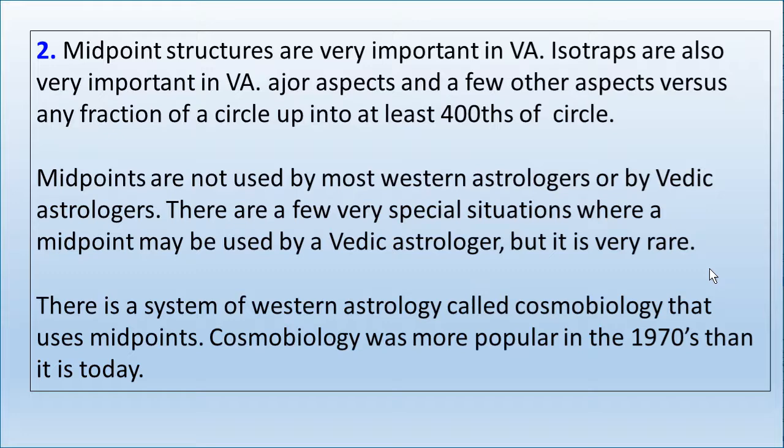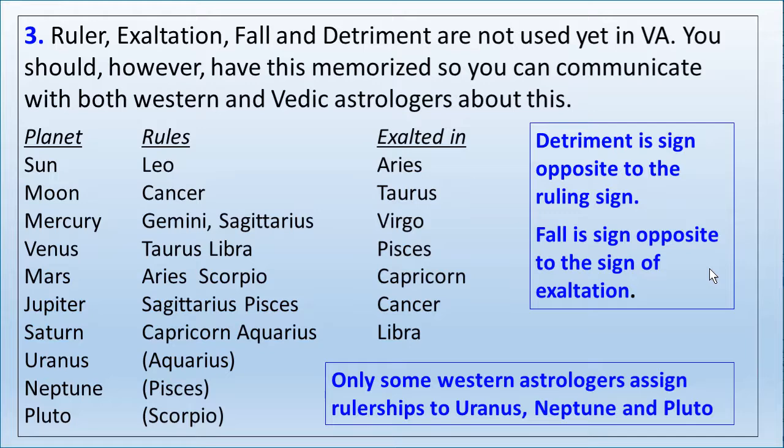There is a system of Western astrology called cosmobiology that uses midpoints. In fact, in cosmobiology, midpoints are the most important thing that's interpreted. Cosmobiology was more popular in the 1970s than it is today. So we inherit the idea of midpoints from cosmobiology. We talked about this in the previous classes, but I just want to review some of the key differences.